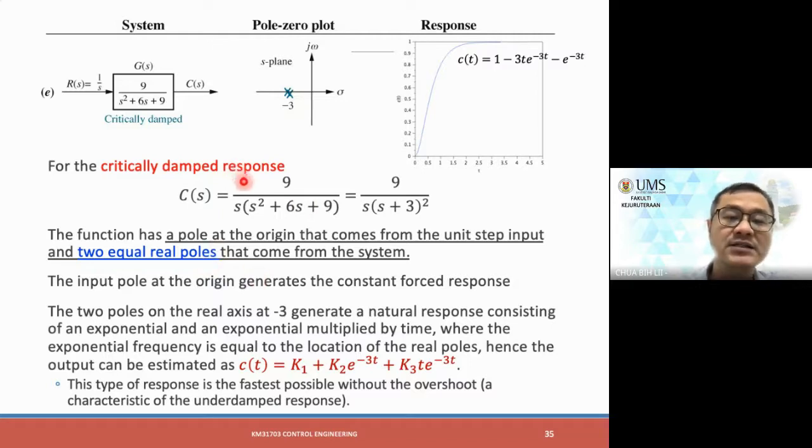When this occurs, we say this is a critically damped response. It is still the same, but you have to add a t here, because we have two same exponential decays. The reason we call this critically damped response is that this type of response is the fastest possible without overshoot. So these are the characteristics of the critically damped response.